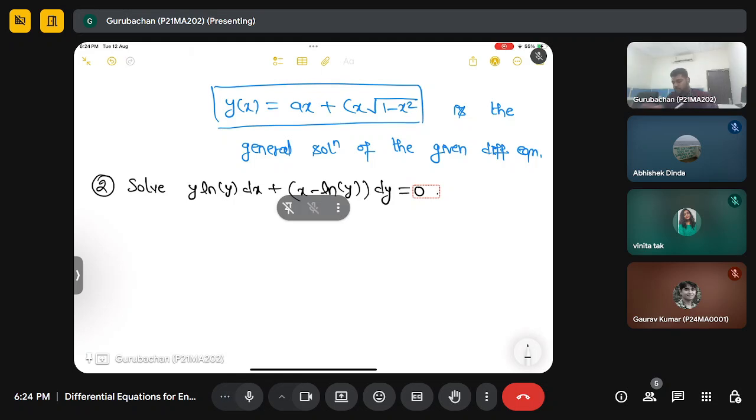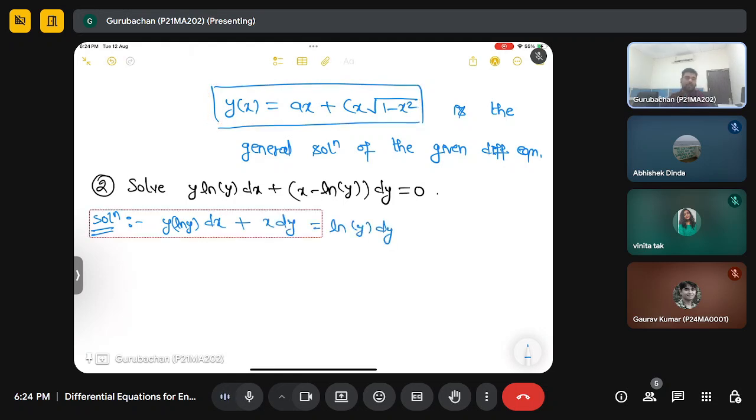So let me form the standard form with respect to y, treating x as the dependent variable. We may write it as y ln y dx plus x minus ln y dy, and then the next one will be dx by dy plus x by y ln y.